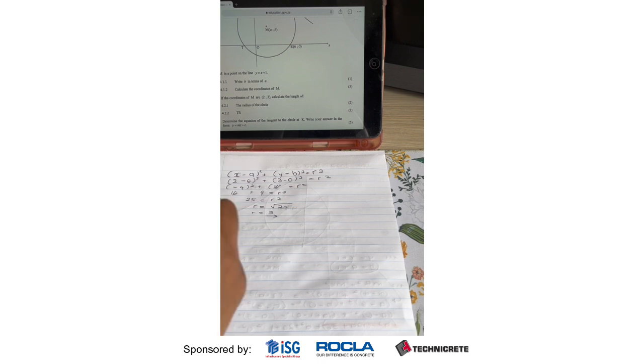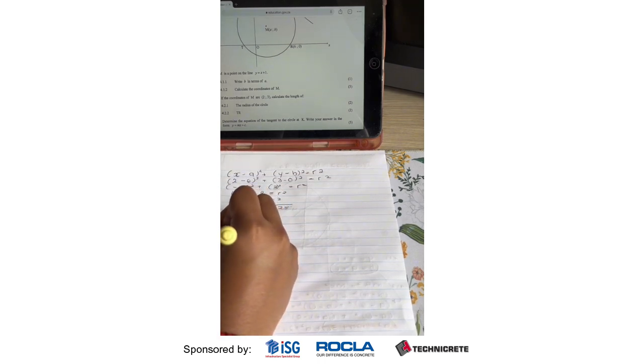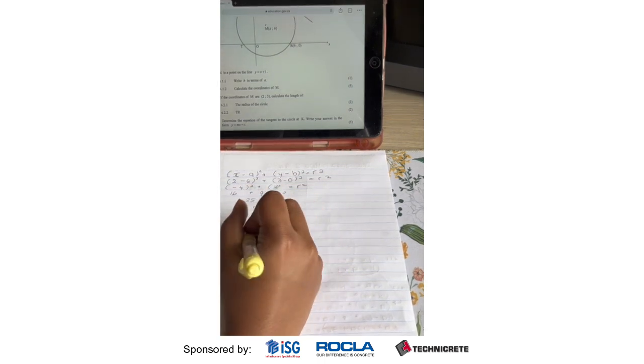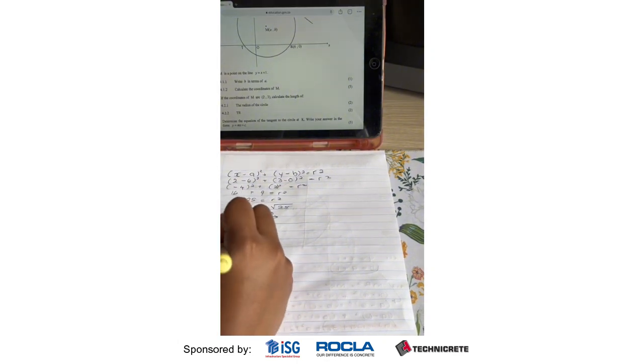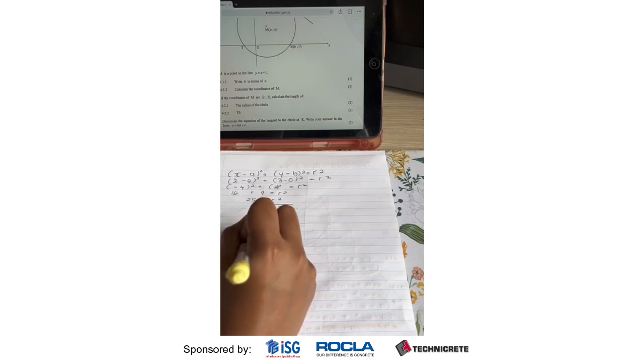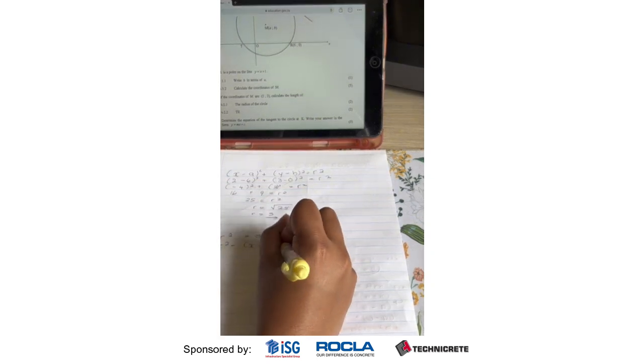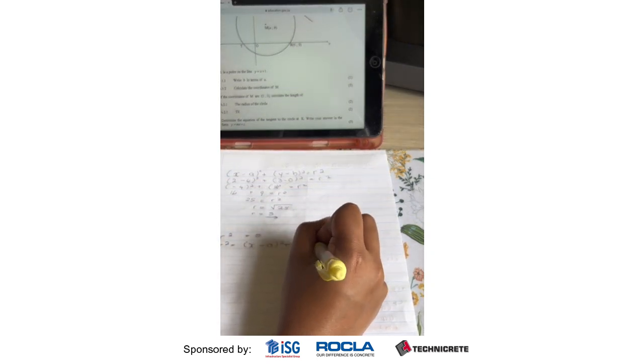We now know that r is 5. We know our distance formula, r squared is equal to (x minus a) squared plus (y minus b) squared.